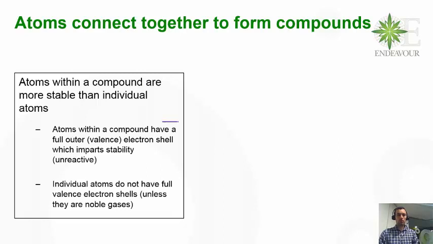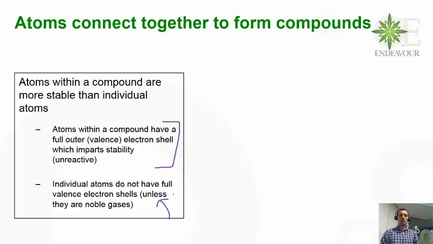So essentially what happens when atoms come together to form a compound is it allows them to do these electron sharing relationships, covalent bond forming, to actually get enough electrons in their outer shell for it to be full, to satisfy the octet rule by having 8 electrons in that outer shell. So if you compare this to an individual atom that's not in a compound, those ones aren't going to have the full valence electron shells.